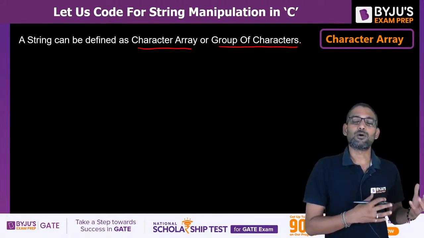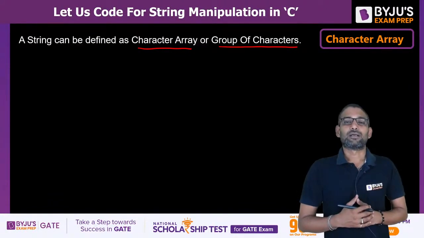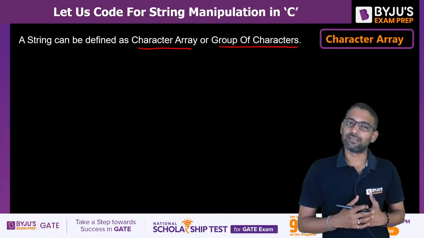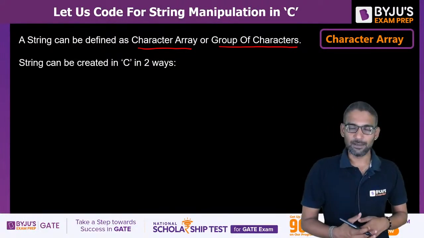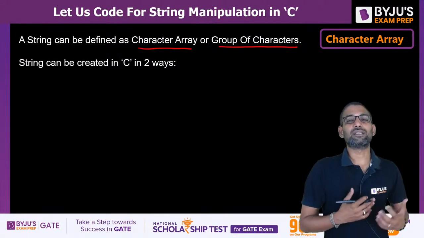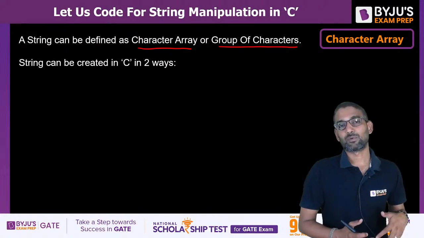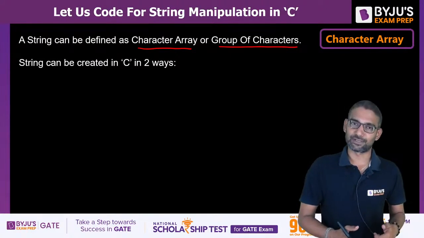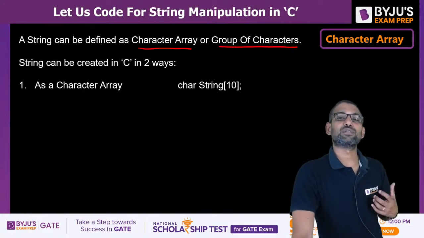So how we define any array? With the data type, array name and array size. In the same way, we will define character array, but in the C programming, we can create string also as pointer. What pointer? Character pointer. So, strings can be created in C language in two ways.